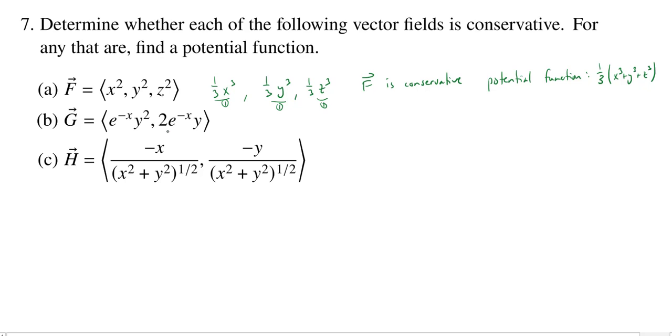Well, now there's only two components, so we only have to take two antiderivatives. When we anti-differentiate with respect to x, we're going to get negative e to the negative x, and this y squared just hangs around as a constant. And then when we anti-differentiate the second component with respect to y, the e to the negative x hangs around, and if you anti-differentiate 2y, you'll get y squared.